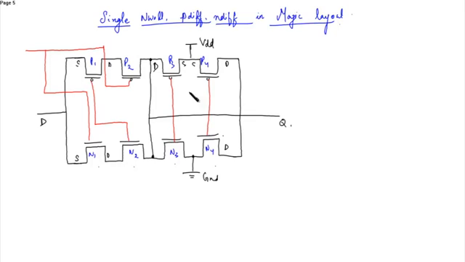So now this is Y and this was X. So if you remember from the schematic, X was connected to this.